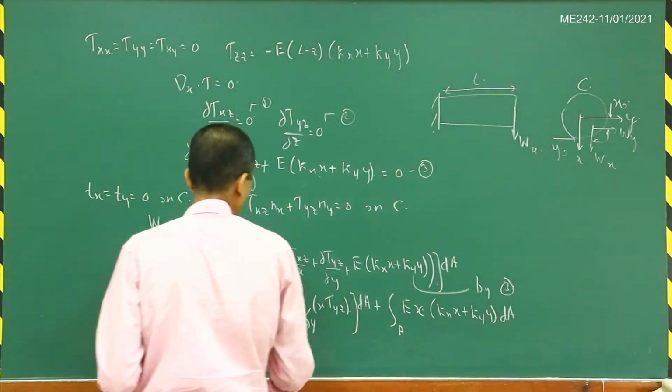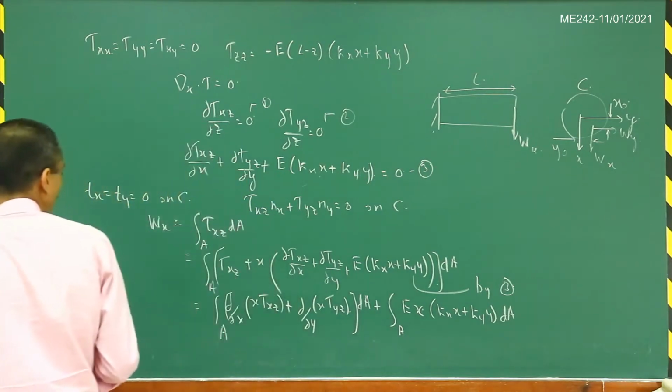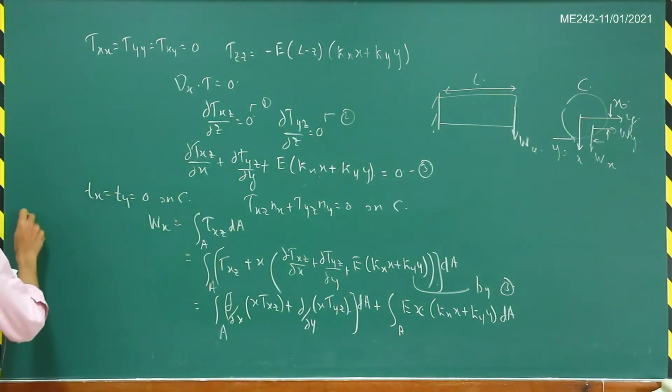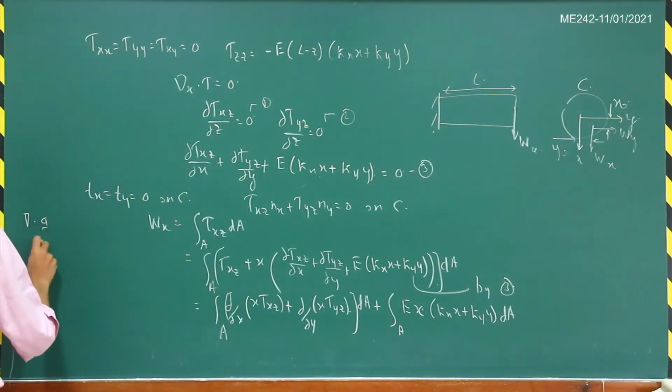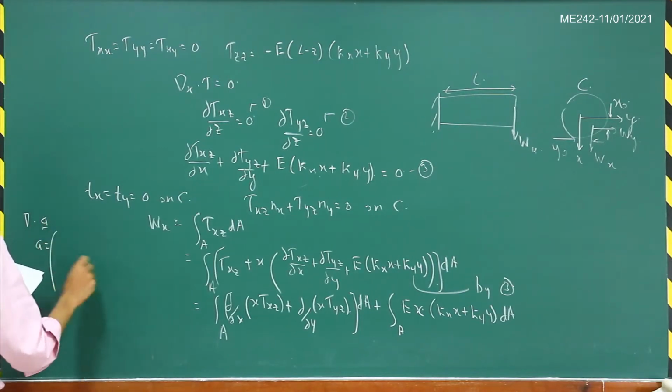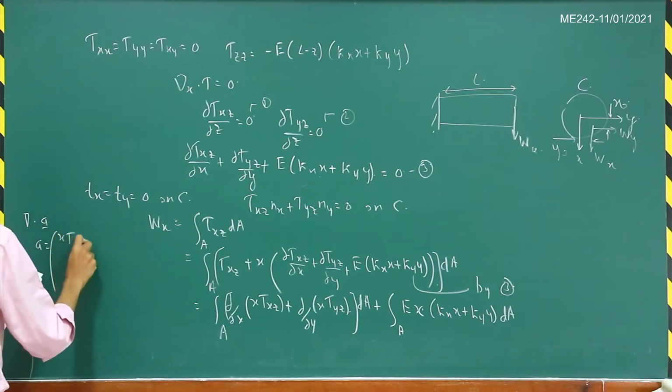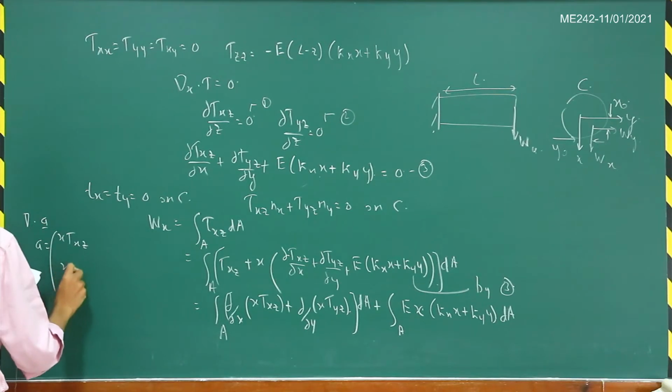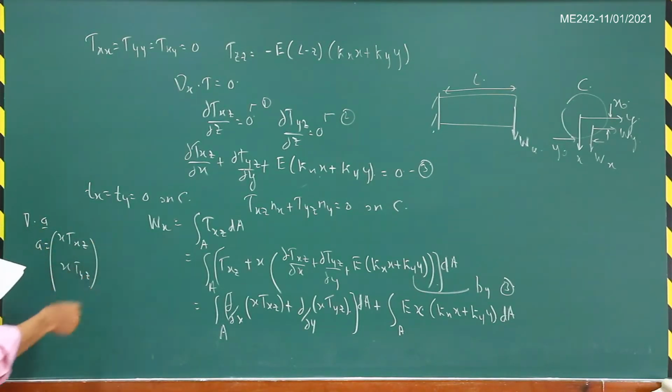So this is of the form del dot some vector a, where a is equal to (x times tau xz, x times tau yz). So this becomes a dot n.